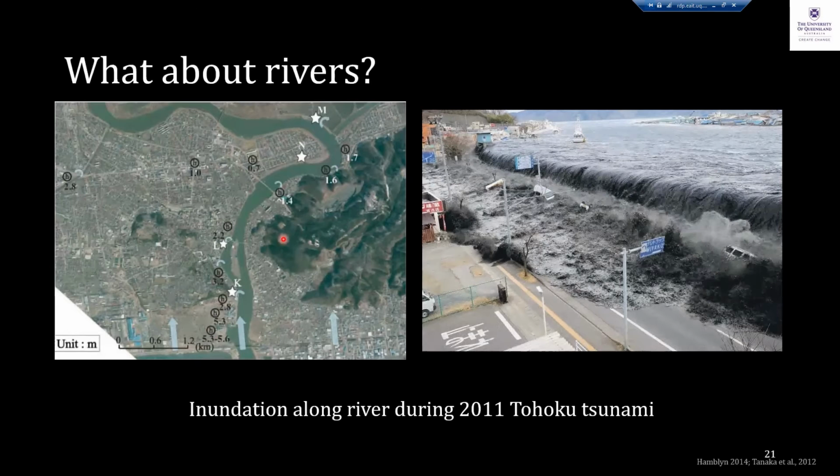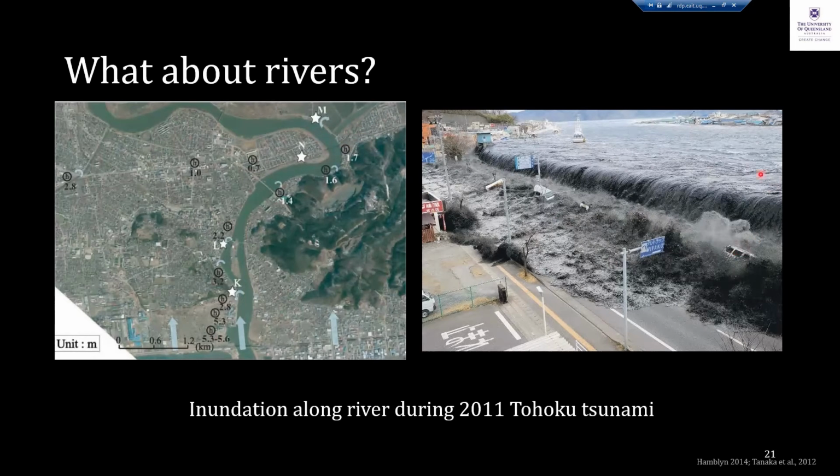When the earthquake and tsunami happened, people living behind this mountain thought they were safe from the tsunami because they cannot directly see the ocean, and they thought the ocean waves could not reach them. But unfortunately, the tsunami entered into the river, and it traveled along the river on top of the river flow, and it inundated this region as well.